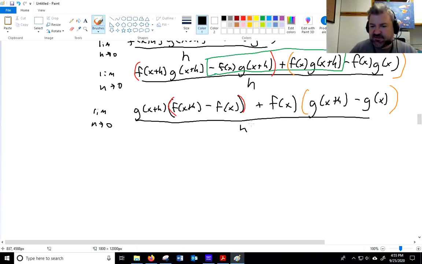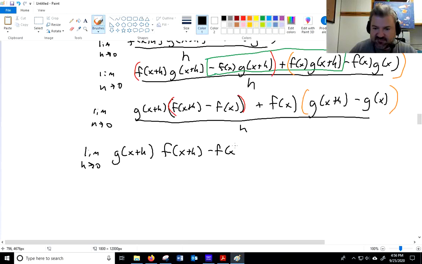Well, I've got a plus. I'm going to split this limit up. I got the limit as h goes to 0 of g of x plus h times f of x plus h minus f of x.